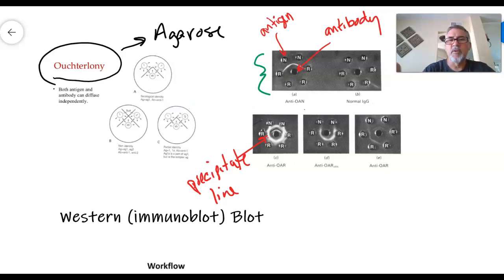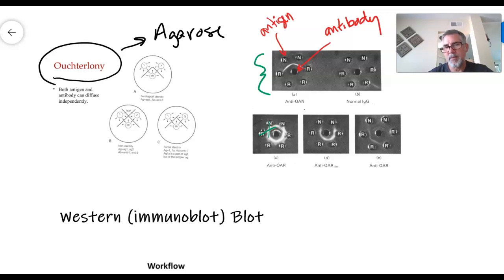Okay, so if we look at the top situation, the anti-N is definitely a positive. In the second one over here, you look at anti-R. This was an inconclusive result because I've got a cross going this way, a cross going this way, and a cross going that way.